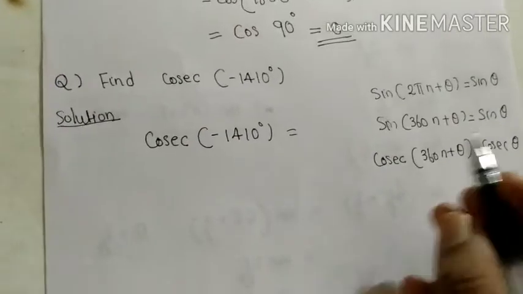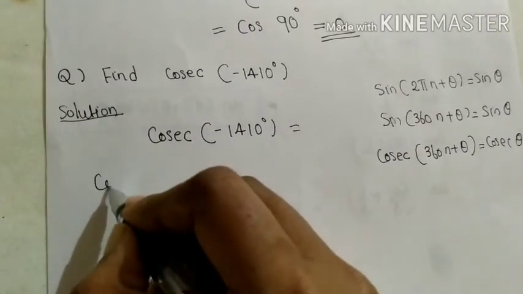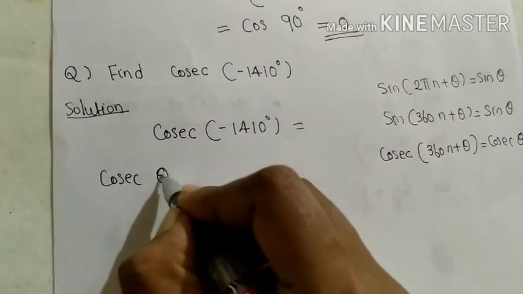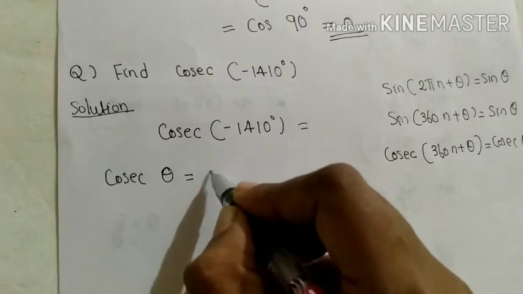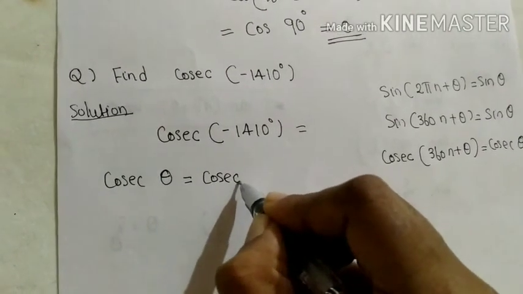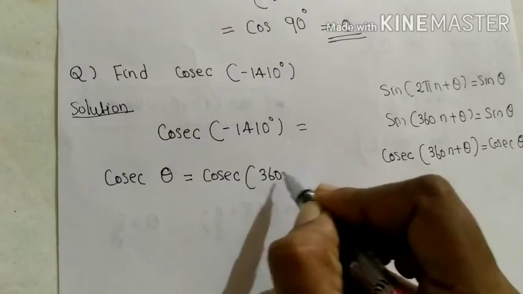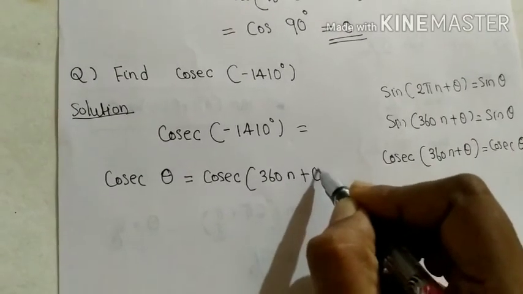So next I am going to write cosec theta is equivalent to cosec of 360 n plus theta.